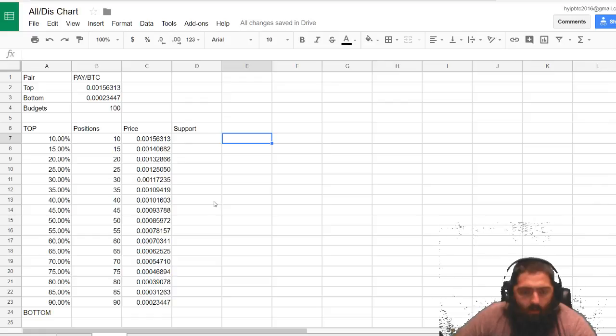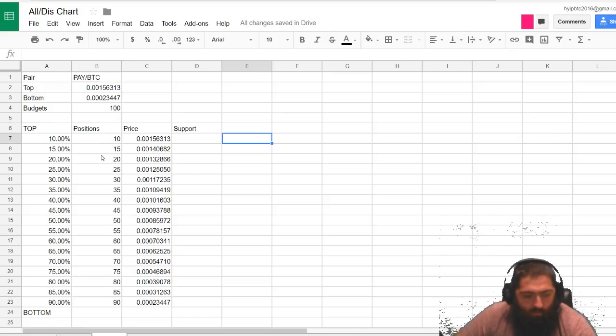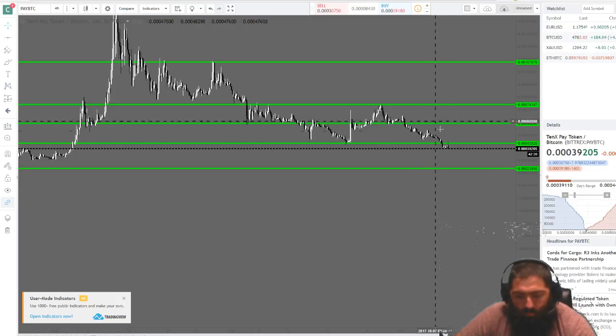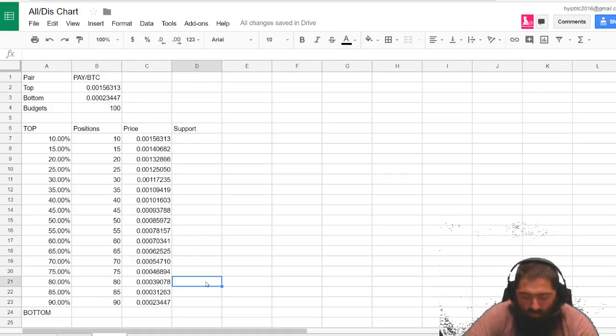Okay. So the sizing is based, like, let's just go over BTC. My position sizing is 40. Where are we at right now? So 39,205. I have 80 positions right here. Okay, 80 positions.